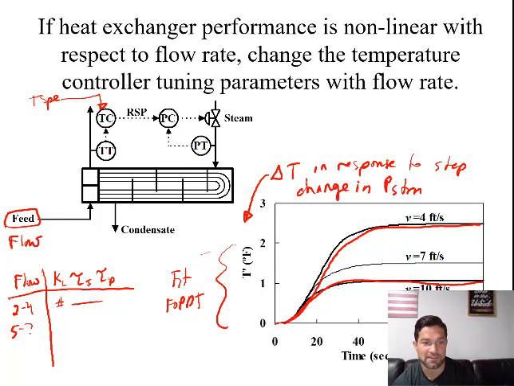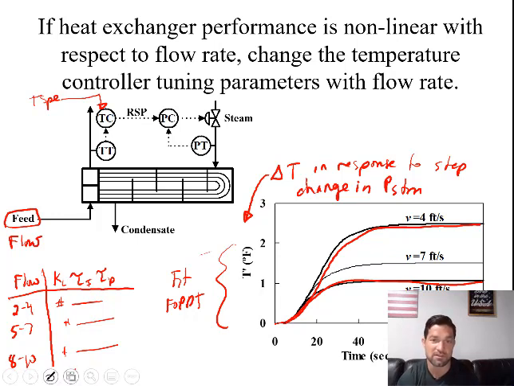For a flow rate of 5 to 7, we have a different set of parameters. And for 8 to 10 or above, we'll have a different set of parameters. This allows us to vary the settings based on the measurement of flow to achieve the performance that we need.